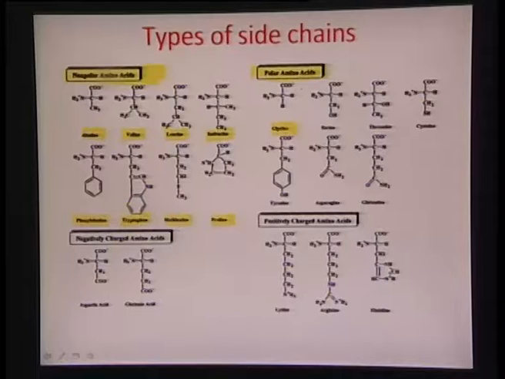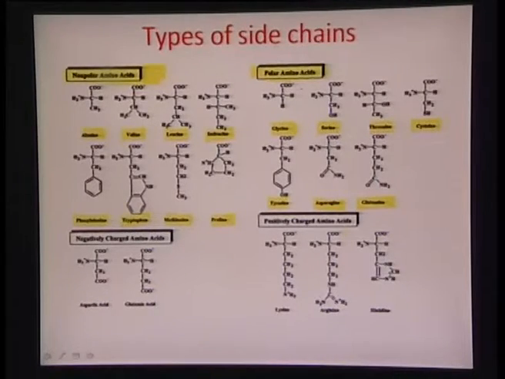Here also there is a charge separation within the same molecule. That's why polar. So the R groups have different names like glycine, serine, threonine, cysteine, tyrosine, asparagine and glutamine. These are some of the polar amino acid groups.